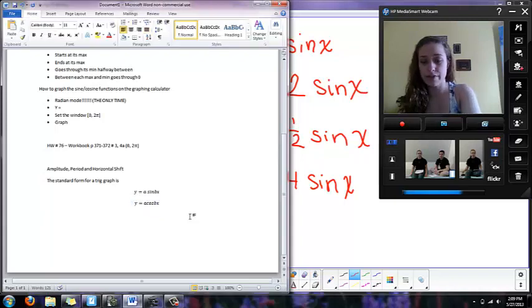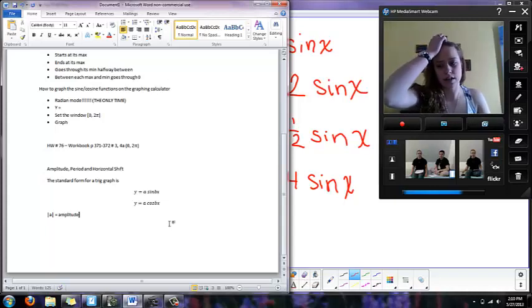So what we just figured out, we were just analyzing what that a term with the number out front does, and we call that the absolute value of whatever that a is the amplitude.